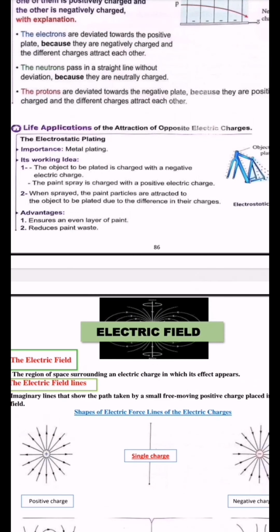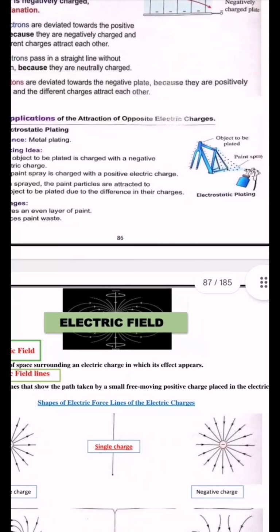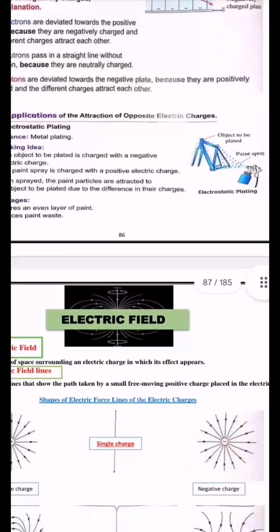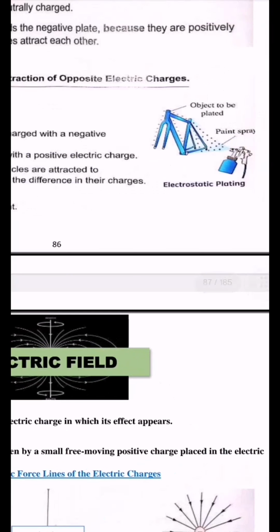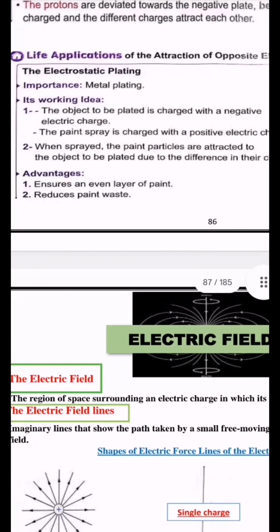Its working idea: the object to be plated will be charged with negative charge, and the paint spray will be charged with positive charge. So what happens when you spray it?